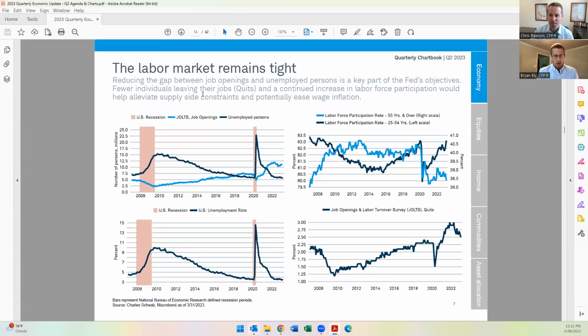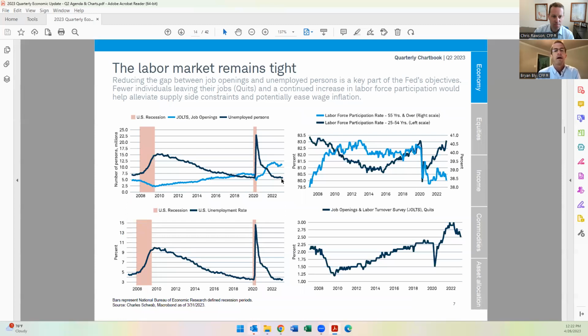Yeah, so as we see, as far as the labor market, as mentioned before with unemployment, it still remains tight. Looking at the upper left, I know some of these numbers may be hard to see, but in summary, job openings is stable, actually increased a little bit, while the unemployment rate remained about the same.